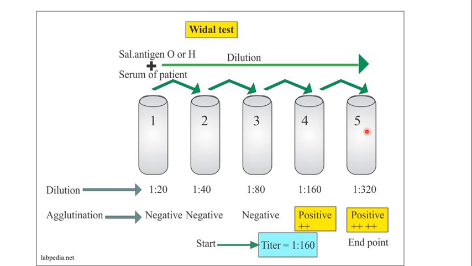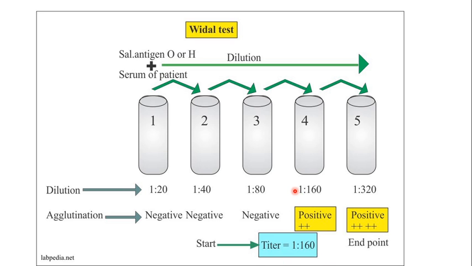If Salmonella infection is present, there will be antibodies in the serum of the patient, and when the antibodies interact with these O antigens, there will be the agglutination phenomenon. So you have to check the agglutination over here.